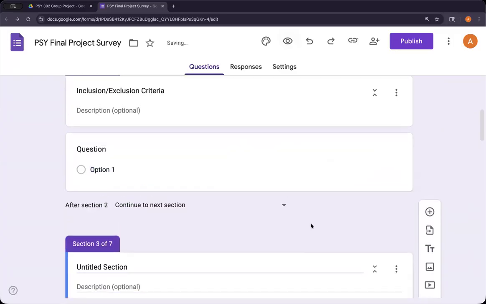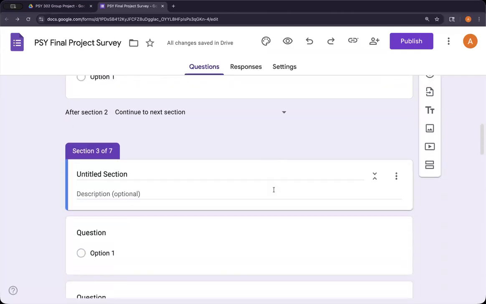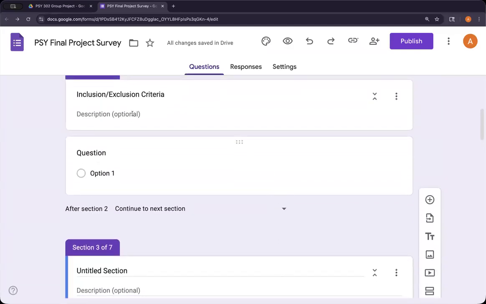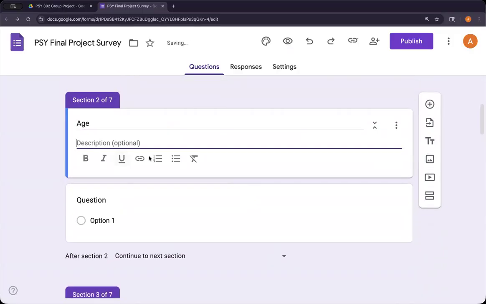So you're going to have to do one for each of your inclusion exclusion criteria, just create a new section for it. But basically, what I would do is for the first one, let's say I'm going to have age. So to participate in the study, please verify you are 18 years old or older.